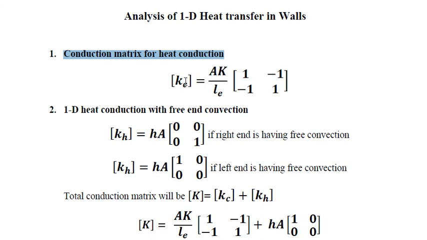Here, instead of stiffness matrix, we call it the conduction matrix. We have seen in the bar, the stiffness matrix for bar was given as K is equal to A into E by L, [1 minus 1; minus 1 1].